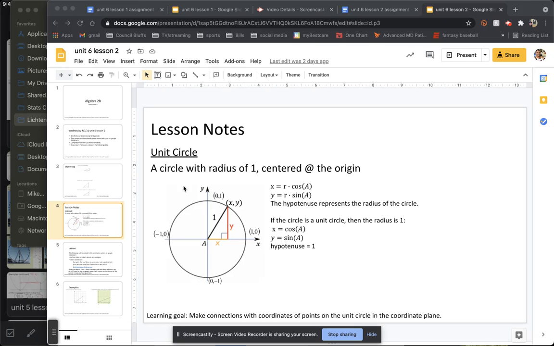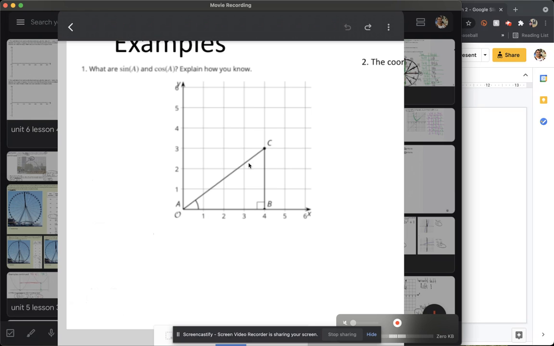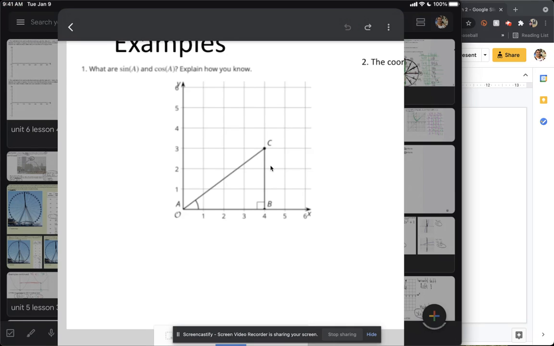All right, so with that in mind, let's take a look at this first example here. Here we have a graph. What are sine A and cosine A? And explain how you know. So I have a right triangle here. First of all, we can figure out this distance right here by counting.